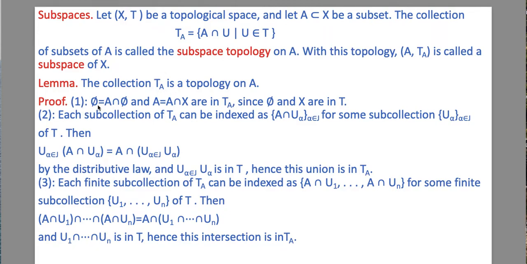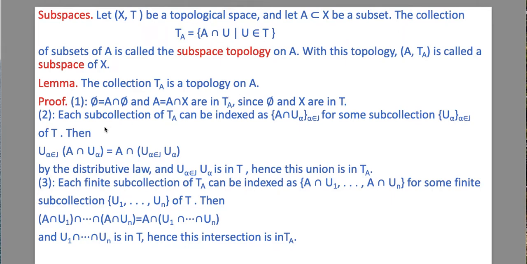Number one, we can write phi as A intersection phi, and we can write A as A intersection X. So these are elements of this form, where TA is equal to A intersection U, where U is an element of T. Here phi is an element of T and X is an element of T. It means phi and A are in TA.